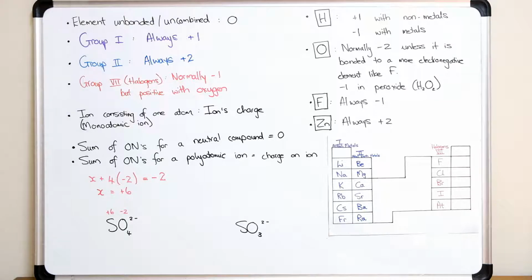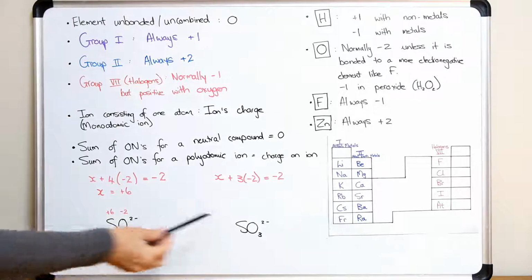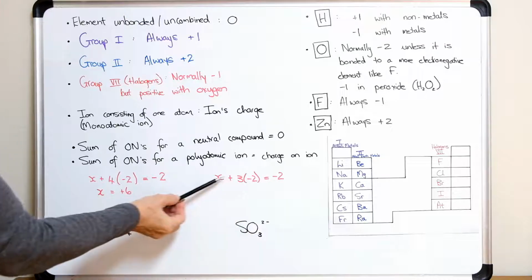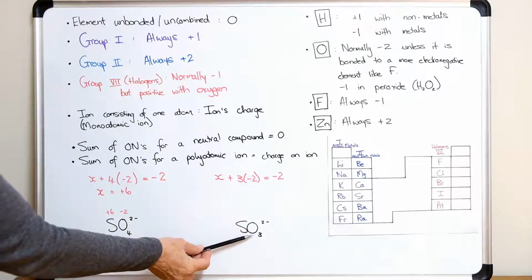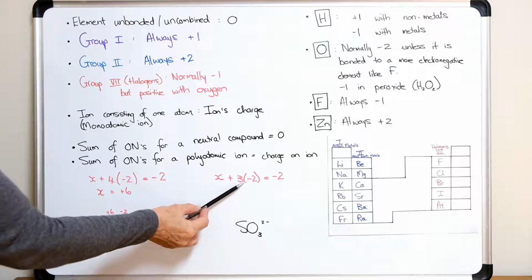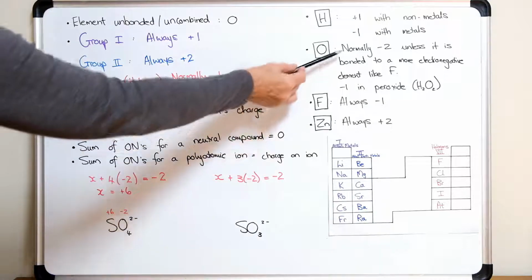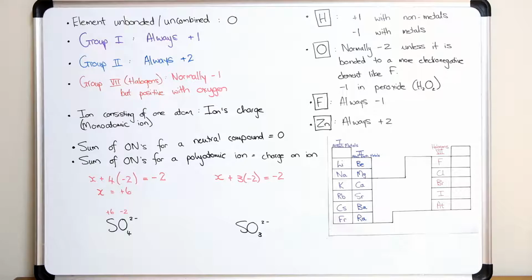where oxygen is -2 when it is combined. Now we look at the sulfite ion. The total charge for the sulfite ion is also -2, so my equation must equal -2. I have 3 oxygens in this case, so I say 3 times -2 because each oxygen has an oxidation number of -2, and now we solve for X again.